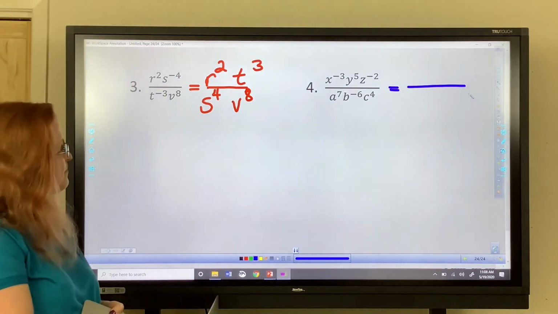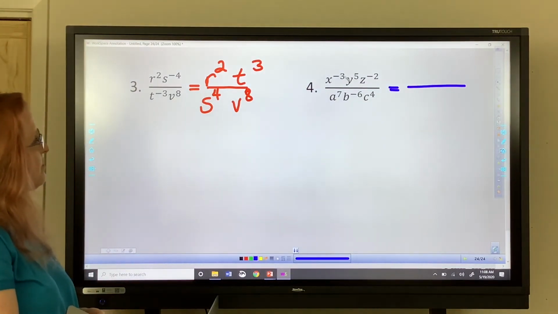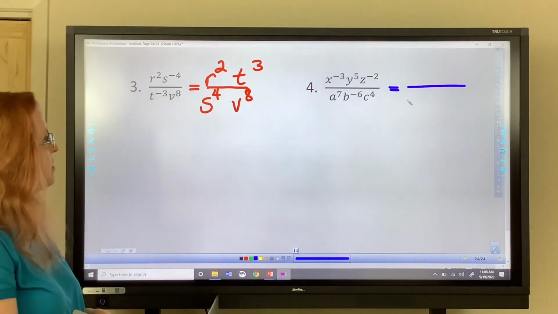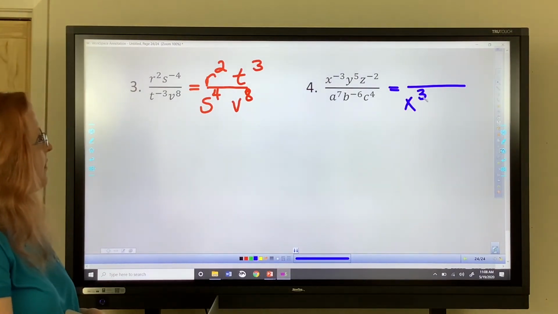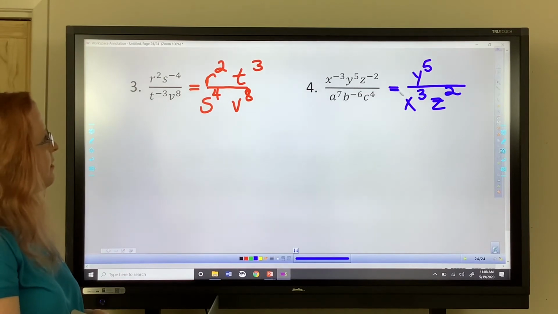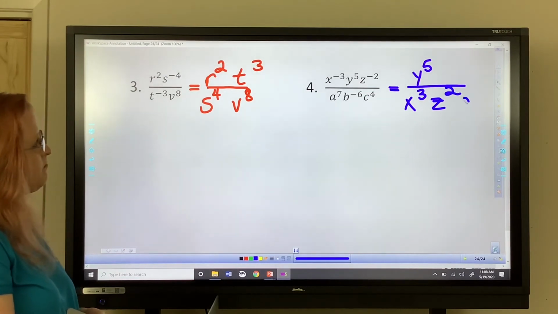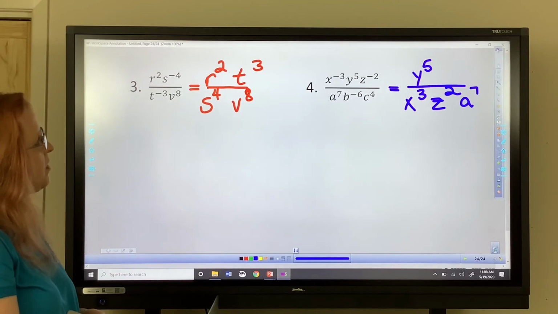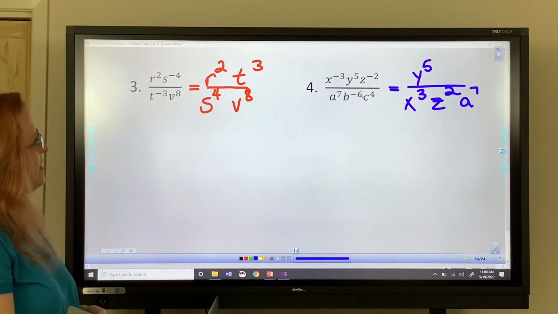All right, so x to the negative 3, it's in the wrong spot, so it goes to the bottom. Y to the 5th, it's fine, it stays up top. Z to the negative 2, in the wrong spot, goes to the bottom. A to the 7th, it's fine. B to the negative 6, gotta move it.